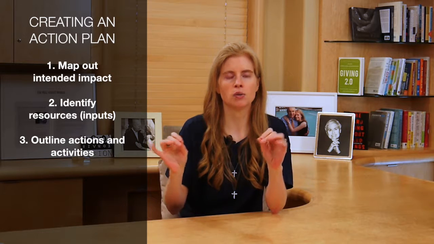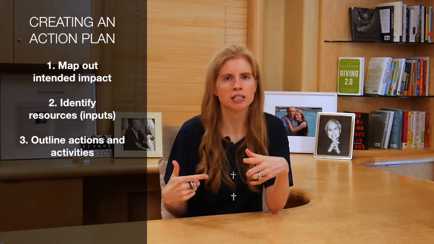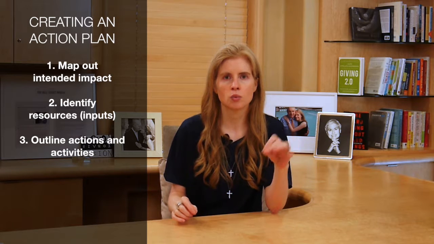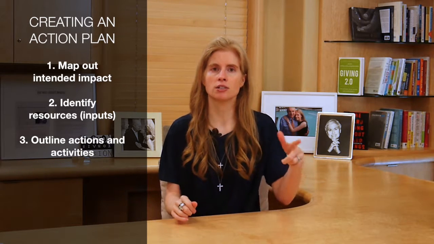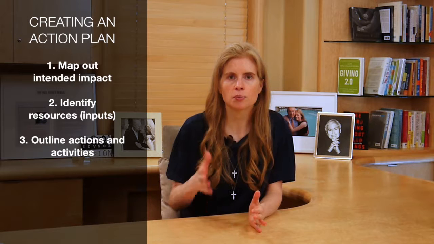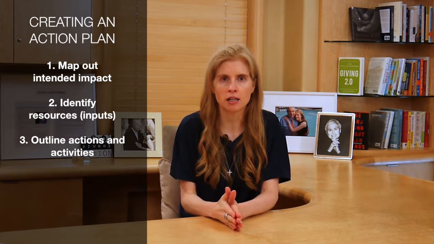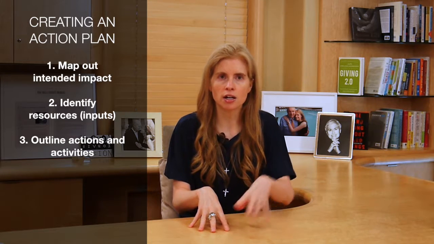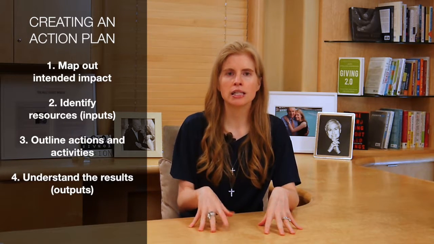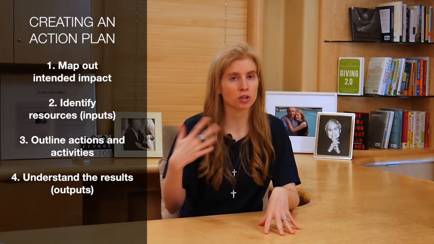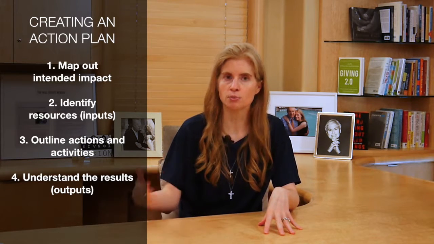Next, we will define what specifically needs to be done with our inputs to achieve our impact. We then chart out the actions that we need to take and the programs or services that nonprofits must provide. Following activities are our outputs. These are the specific results of the actions we take and the programs or services nonprofits provide.